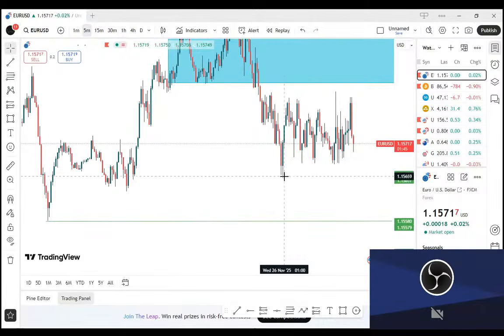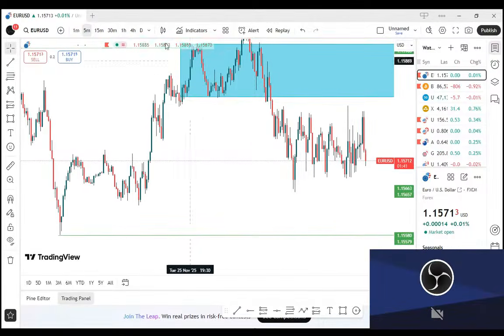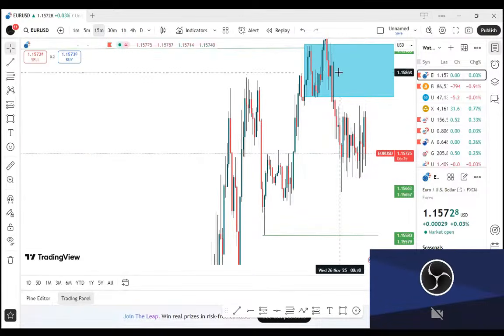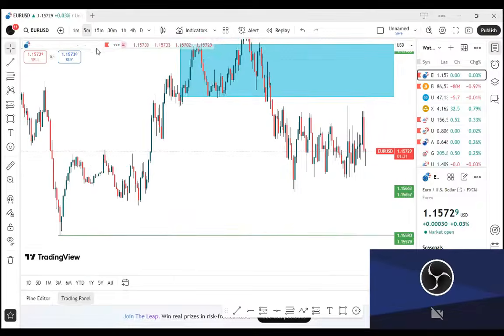And then came back to this and bounced up. Euro USD is still a drop. Supposed to come back inside here. Looking forward to catch it while it's dropping.